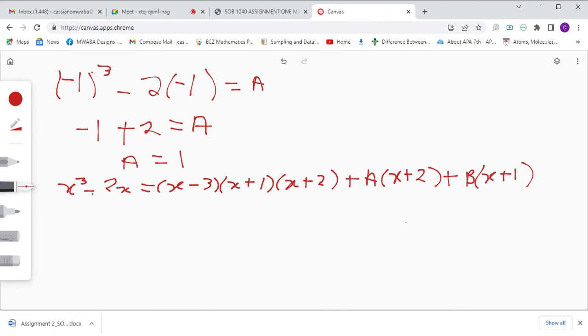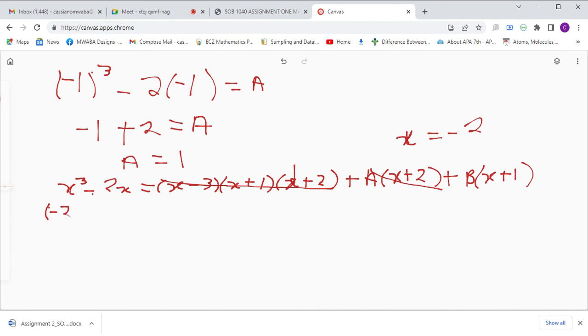So if we say when x equals -2, you notice if we put the -2 here, -2 plus 2, that is 0. So this expression will be cancelled out. Even our a expression is going to be cancelled out. So we're going to remain with b open brackets -2 plus 1.